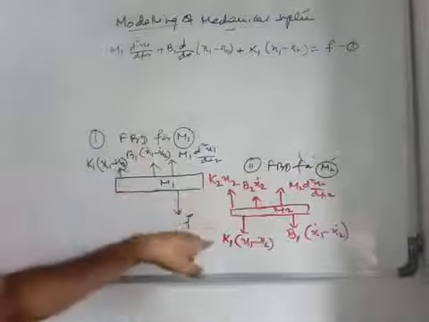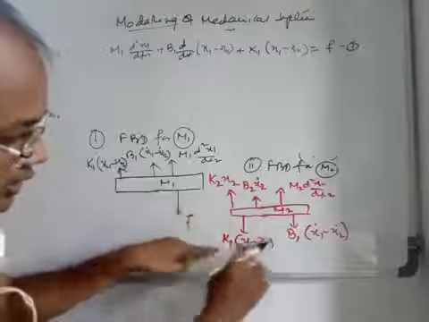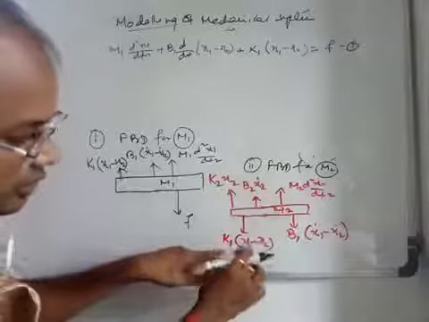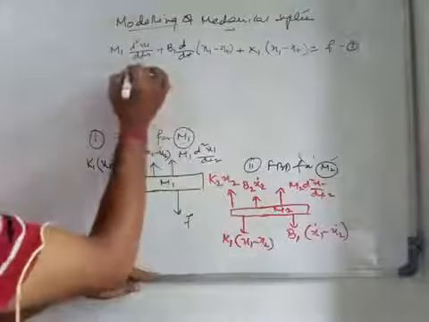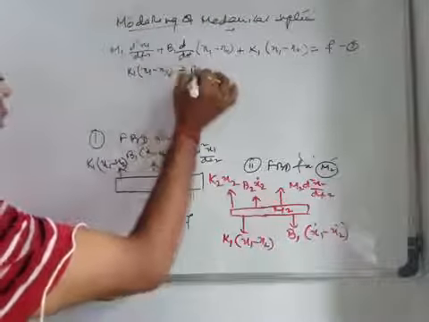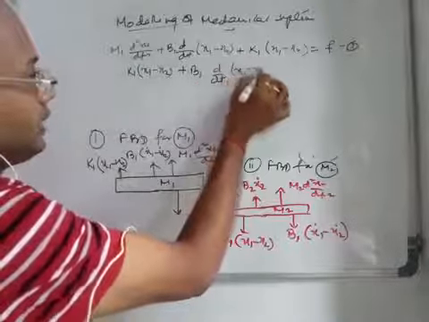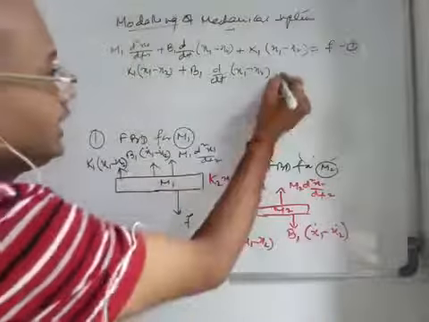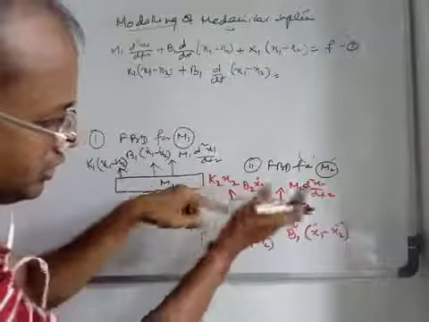And from free body diagram 2, you see the total force in the outward direction. This is the outward direction total force, k1 (x1 minus x2) plus b1 (x1 dot minus x2 dot). So we will write k1 (x1 minus x2) plus b1 d/dt of (x1 minus x2), right? That will be equal to the total outward force.